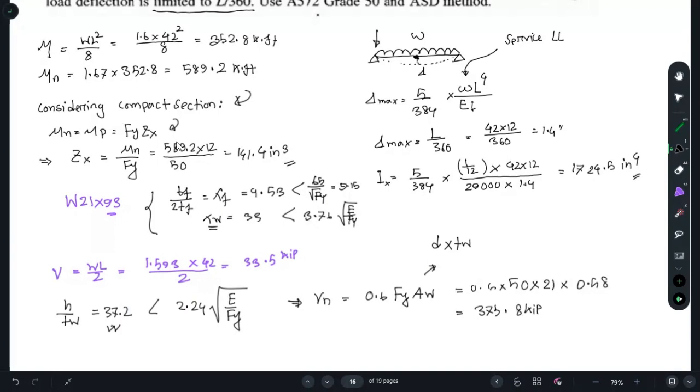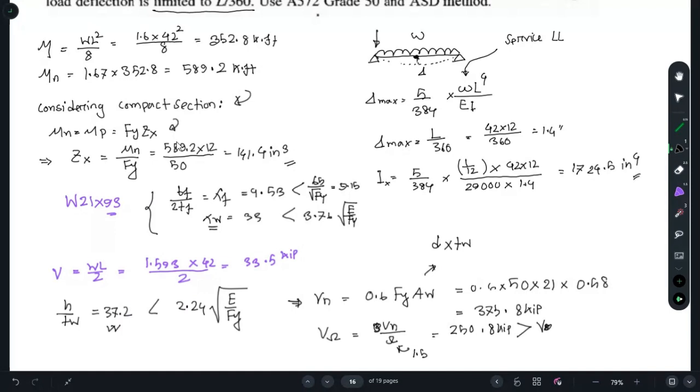Then you have to find the reduced one, which is the conservative one. For shear, you divide your nominal shear by this constant, 1.5, and you'll get a value of 250.8 k. Still, you can see that this value is way greater than the shear occurring at the support of your beam.